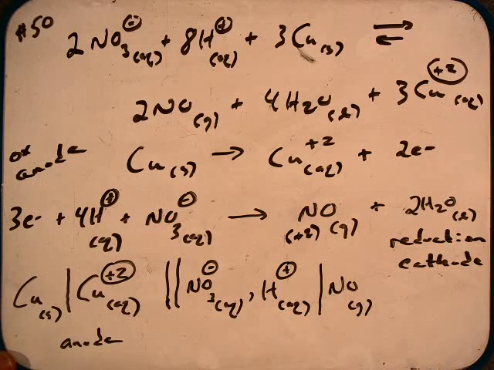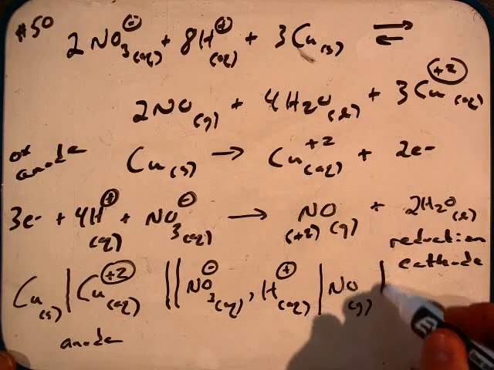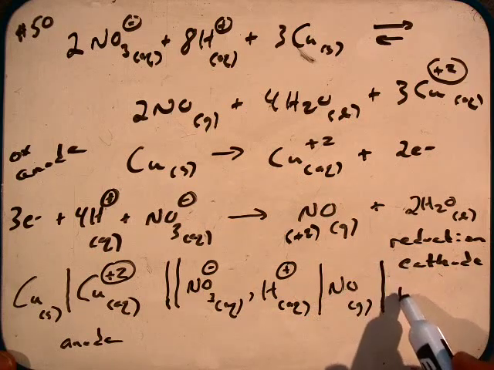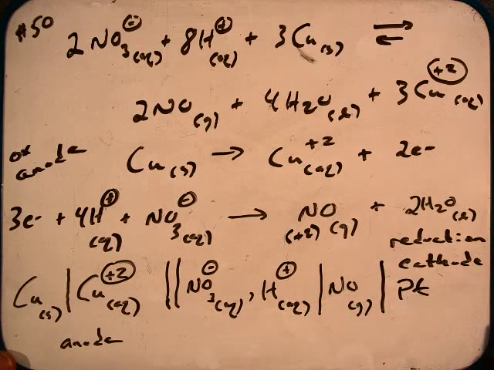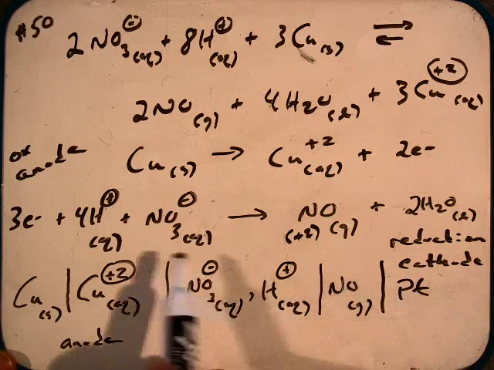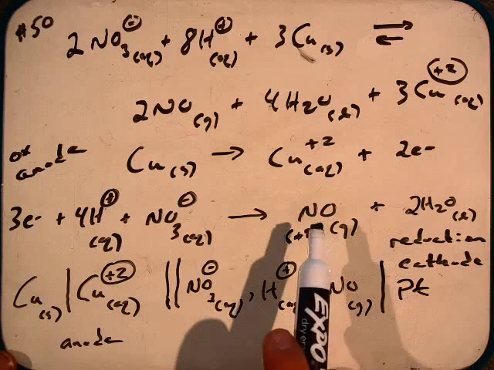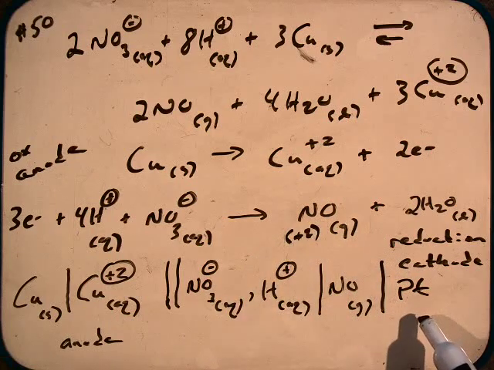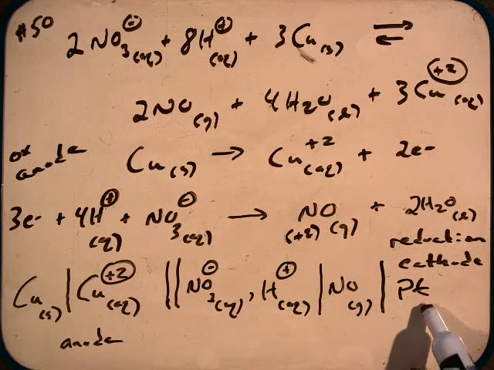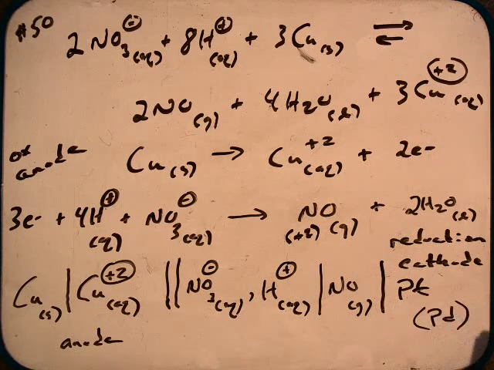For that nitric oxide gas, that's not saying it's a cathode or an anode. Then we have to have another line to indicate the actual electrode. Since for the reduction we're talking about a system that's aqueous and gaseous, we need to have an inert electrode in order to help with the transfer of electrons. And remember, we can use platinum or palladium for that type of process.